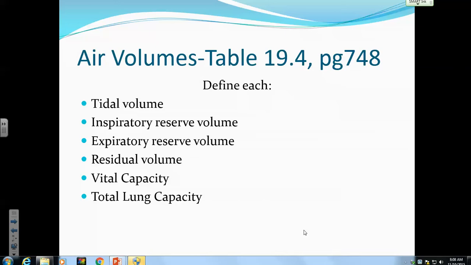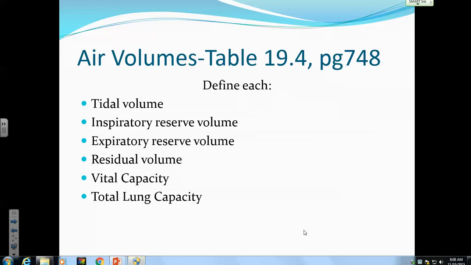It's how much you can exhale after exhaling the tidal volume. Even if you blew out everything you think you could, there's always going to be some circulating in your lungs, and that's called your residual volume. So it just recycles.